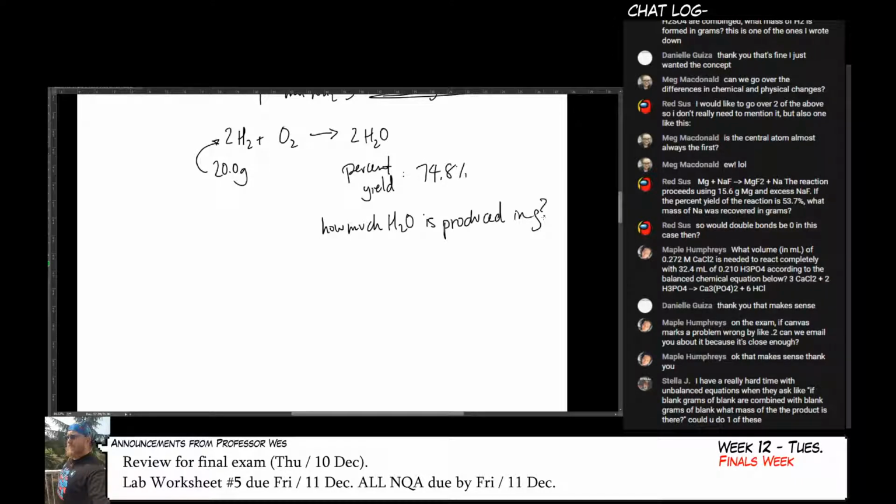So, what you would do here is figure out the theoretical yield. How much can you theoretically make with 20 grams of hydrogen? So we'll turn grams of H2 into moles of H2, which is a lot of moles of H2. Then we'll turn moles of H2 into moles of H2O.